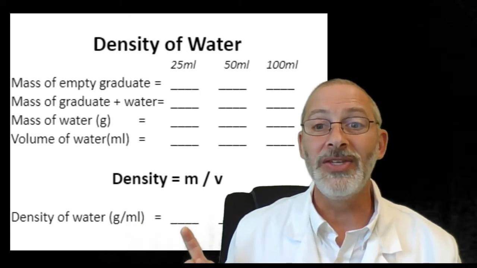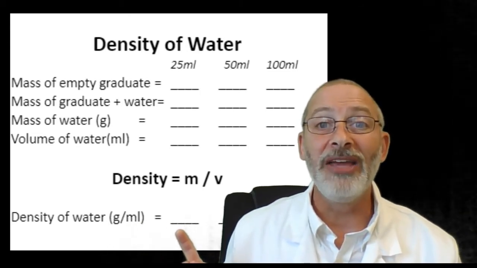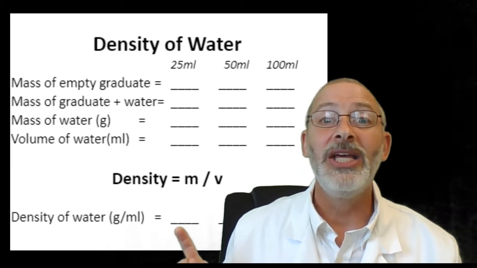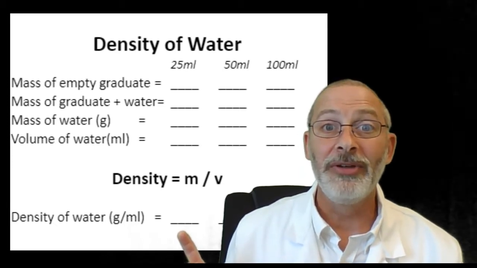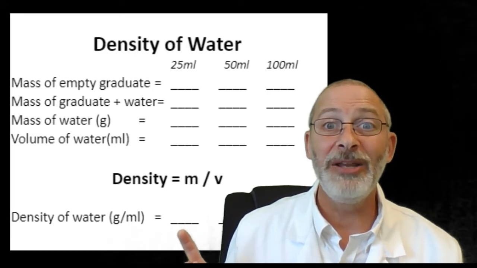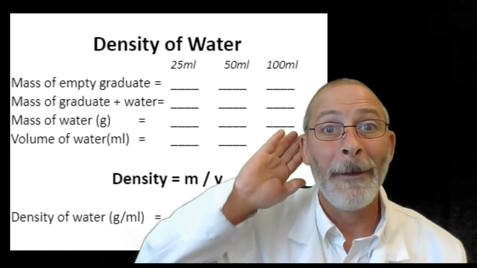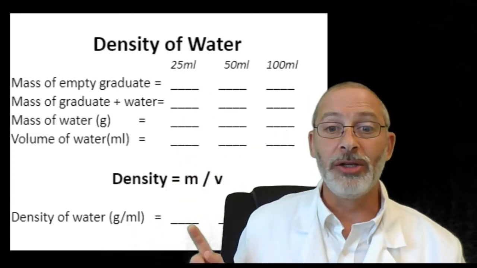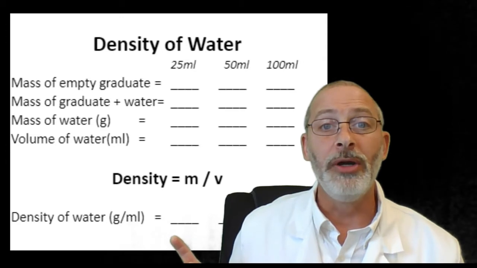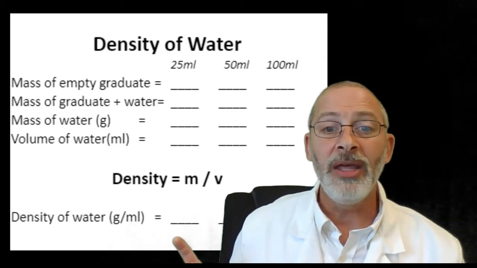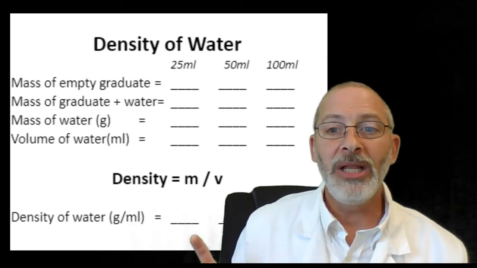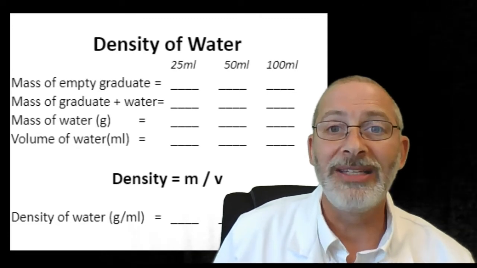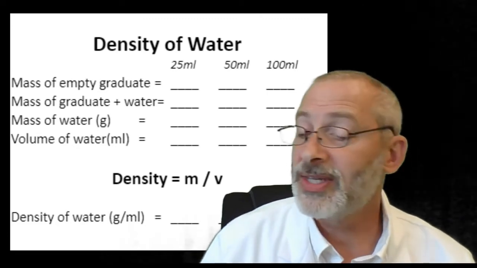So what is 25 divided by 25? Call it out. Anything divided by itself is 1. So in this first trial, you got a density of water equal to 1 gram per milliliter. Be sure you write that down.